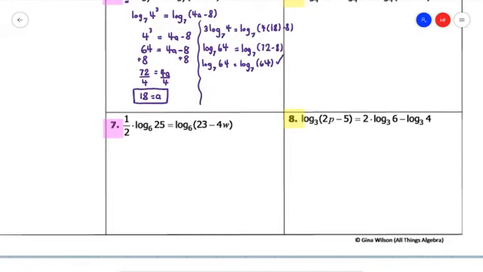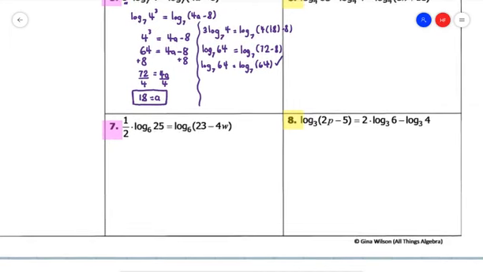Number 7, we're going to do the same thing. We're going to make sure we move any powers, condense if we have to. So this becomes the power on 25. Log base 6 of the square root of 25 equals log base 6 of 23 minus 4w. Log base 6 of 5 equals log base 6 of 23 minus 4w.